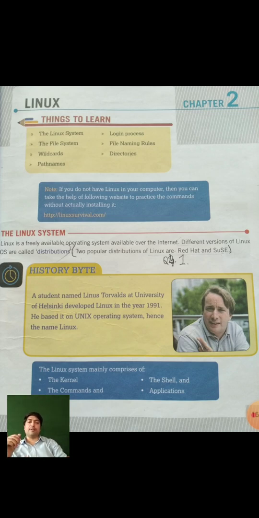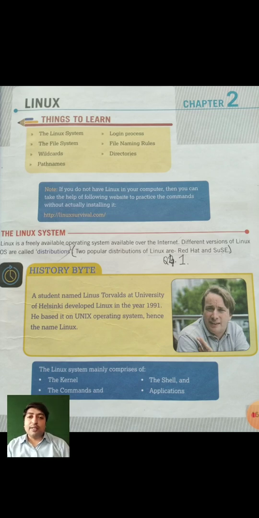Operating systems are different. We already know about the different operating systems available in the market, and the operating system helps us to operate the computer. The Linux operating system is a very good operating system with a virus-free system.